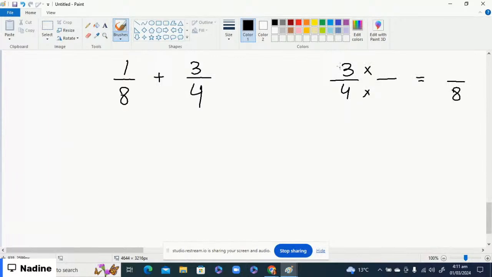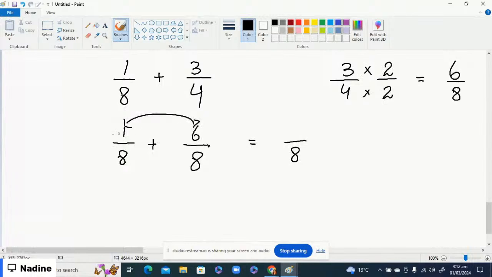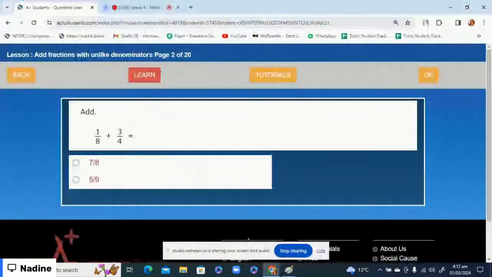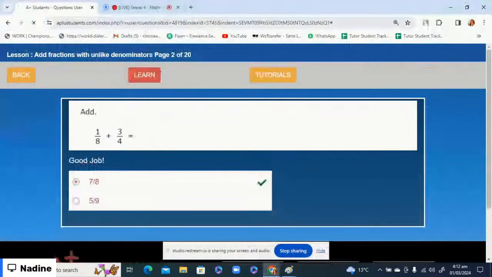Multiply 2 and divide with 2. 4 times 2 is 8. 3 times 2 is 6. Okay. Then 1 by 8 as it is. In place of 3 by 4, we are going to write 6 by 8. Now the denominator is the same. We are going to put only one denominator and just add their numerators. 1 plus 6 is 7. Okay. 7 by 8. Let's check. Yes, this is the right answer.